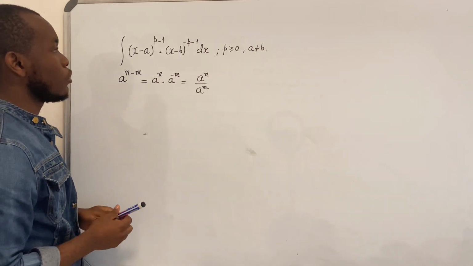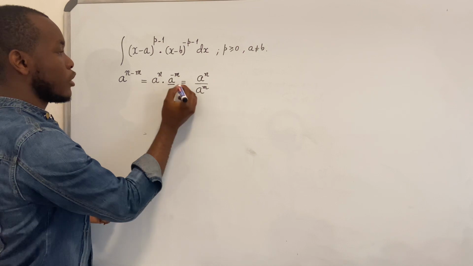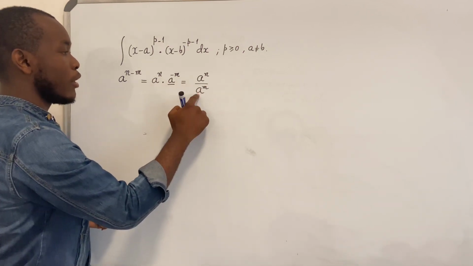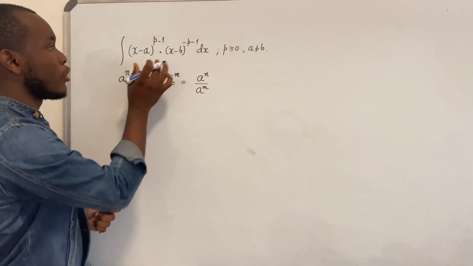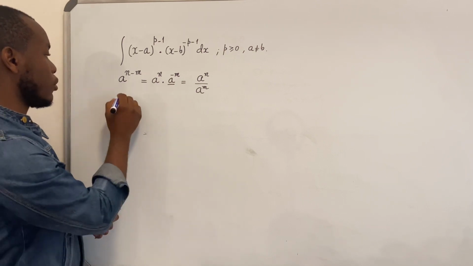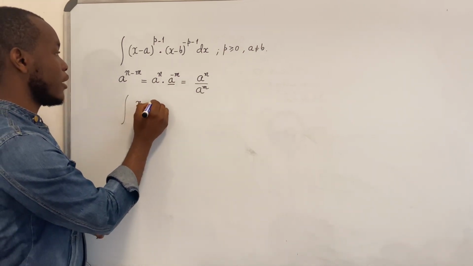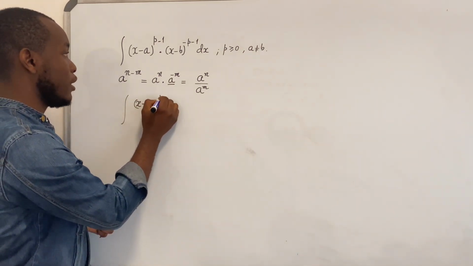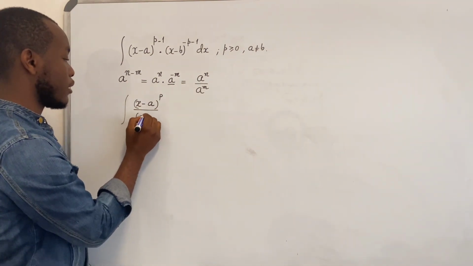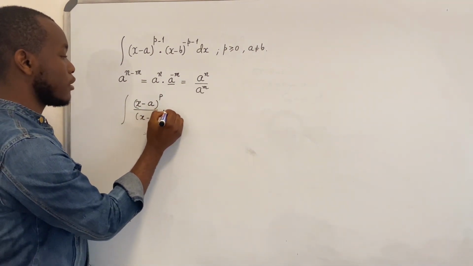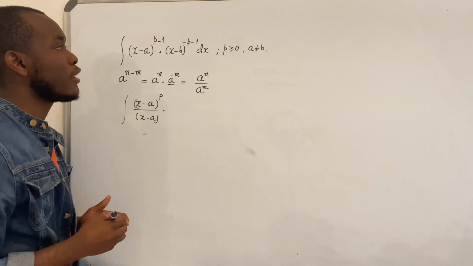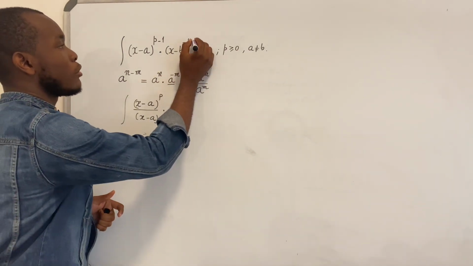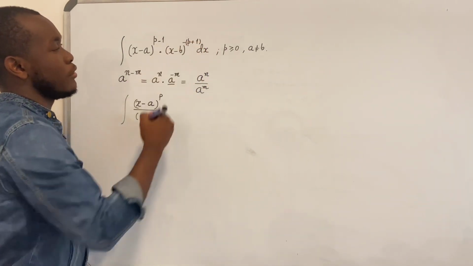Okay, so this expression can be transformed into 1 over a to the power m. So this approach we're going to apply in this problem. So we're going to have now x minus a to the power p over x minus a times, if we factorize negative there, then this will be positive, right?